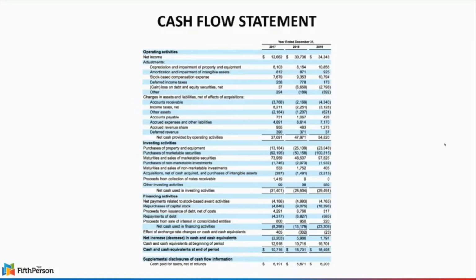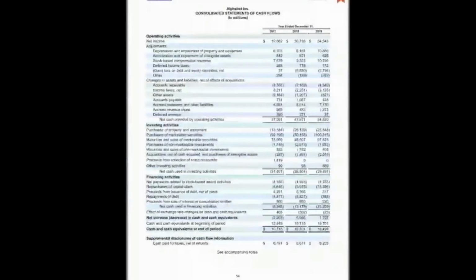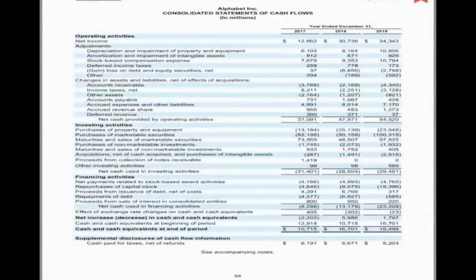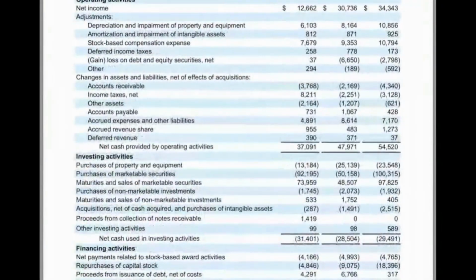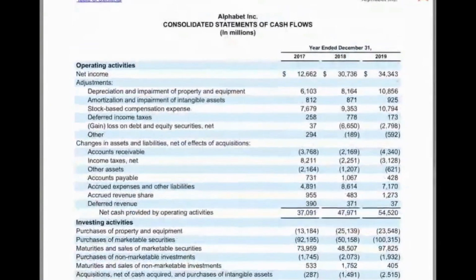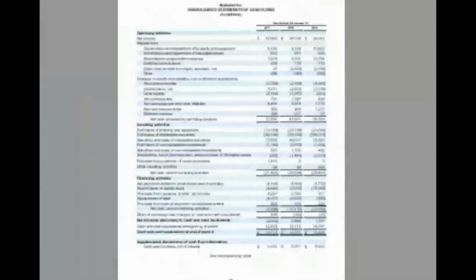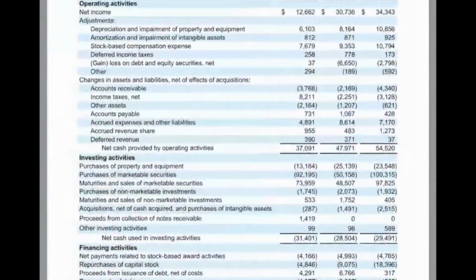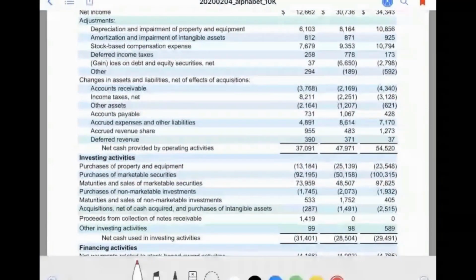Okay, so let me log on to my iPad and I can show you more in detail. I'm just going to summarize here to save some battery. So basically, there are only two things that you want to look at in the operating cash flow statement. The first thing you'll look at is the actual cash flow of the company, which is here.